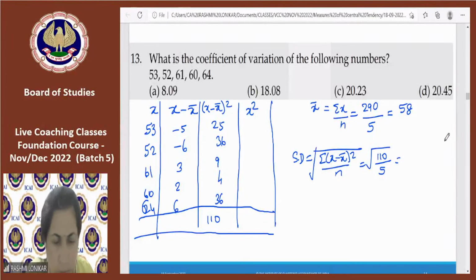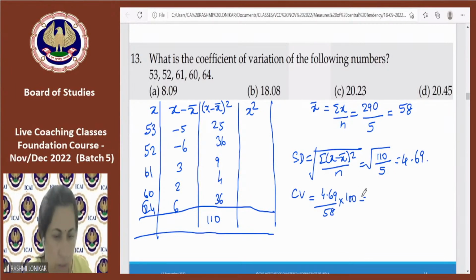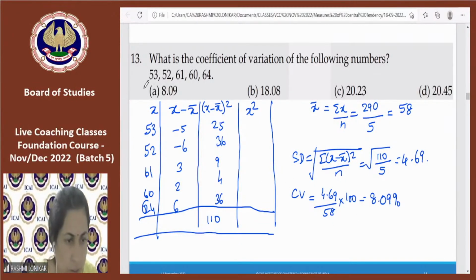And what is its square root? 4.69. Okay. Now we need coefficient of variation. Coefficient of variation will be 4.69 upon 58 into 100, which is equal to 8.09%. So this is the correct answer.